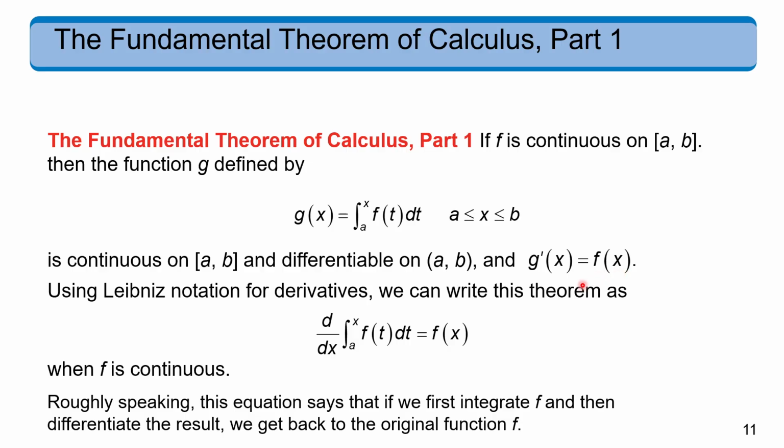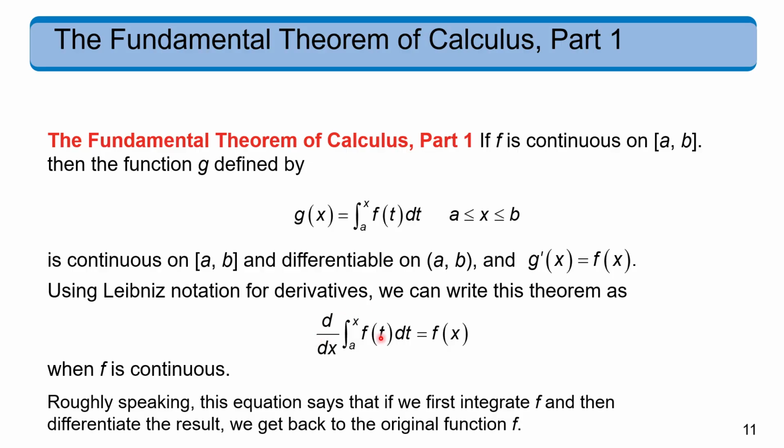The important idea we want to take away from this is that if you take a function f and integrate it using this type of limit of integration, and then you differentiate, you get f back. This is what tells us the integral and the derivative are inverses of each other, because they cancel each other out.